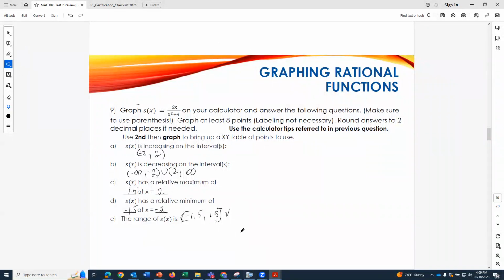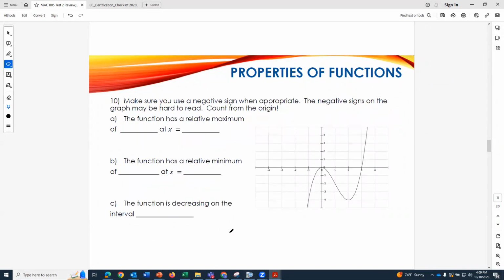And we move to the next one. Make sure to use the negative sign when appropriate. The negative sign on the graph may be hard to read, cut from the origin here. And the function has a relative maximum.